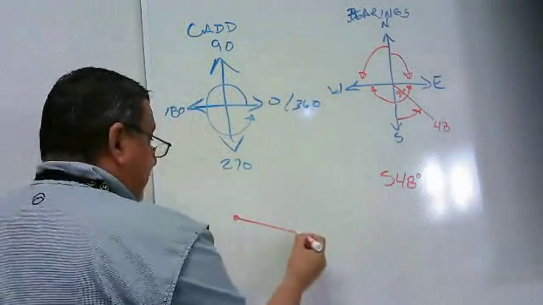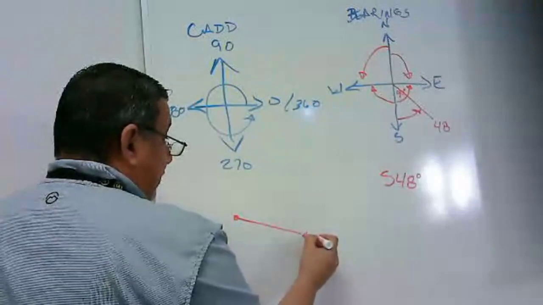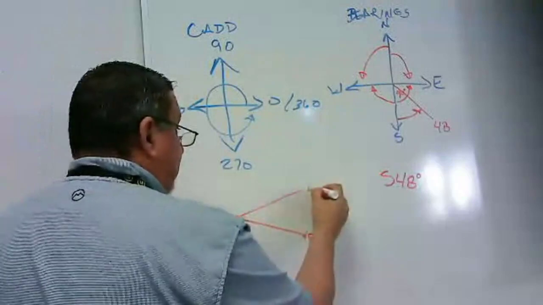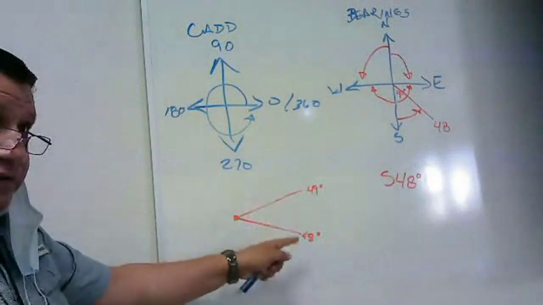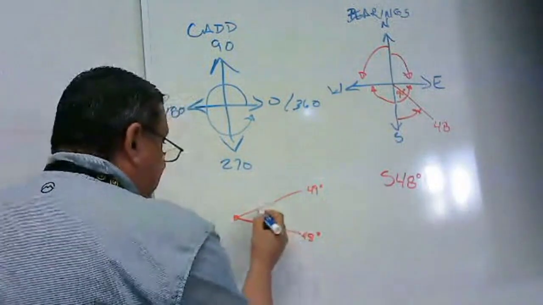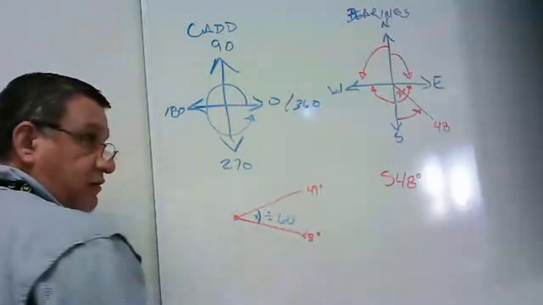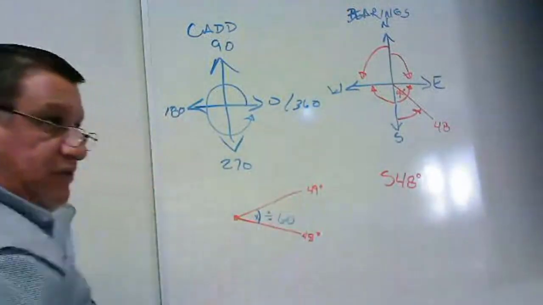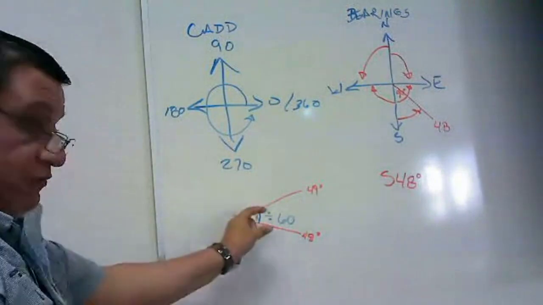Basically, what's going to happen, and exaggerated here for good measure, I'm going to say this is 48, and this is, well, I went way too up there, but this is 49. Okay? 1 degree, right? We're going to take this base and divide it by 60. So we're going to break this up into 60 equal pieces. Now, that's 1 degree.